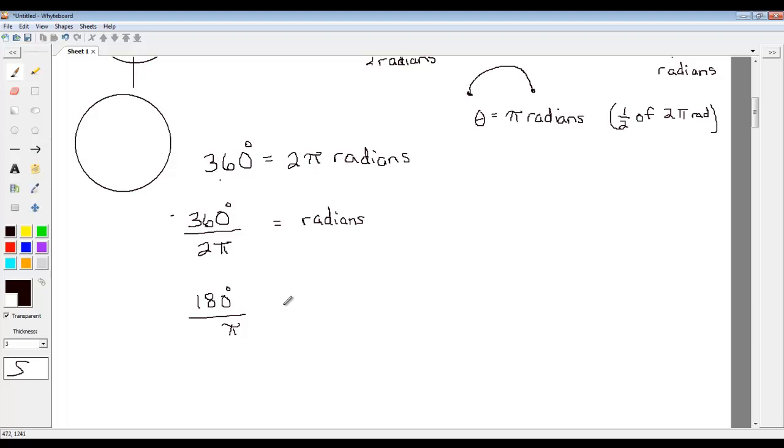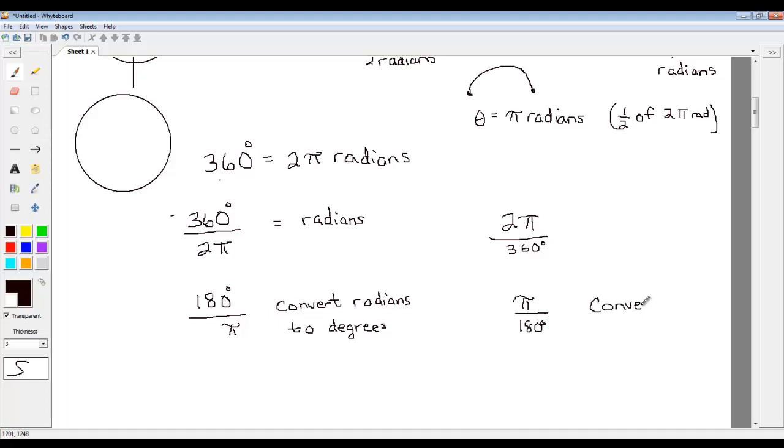Multiply by that to help convert radians to degrees. Or if you take that and divide both sides by 360 degrees, you can use this to convert degrees to radians.